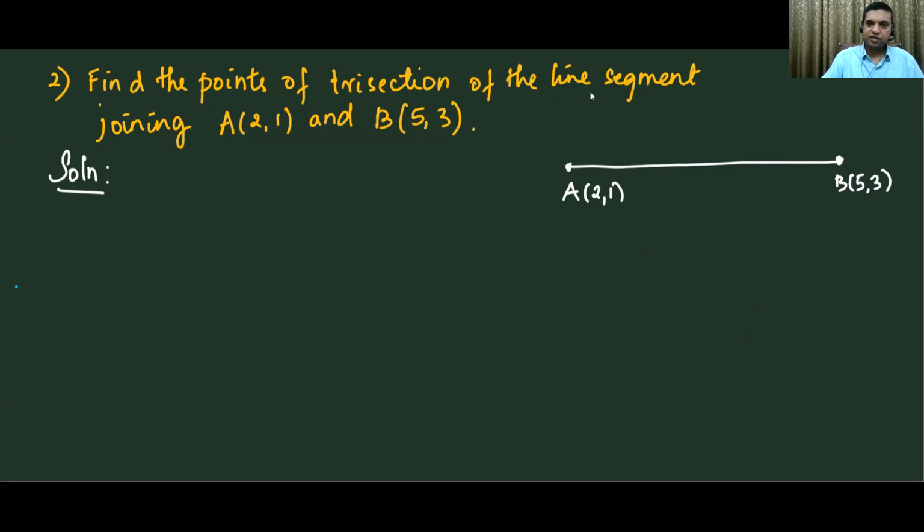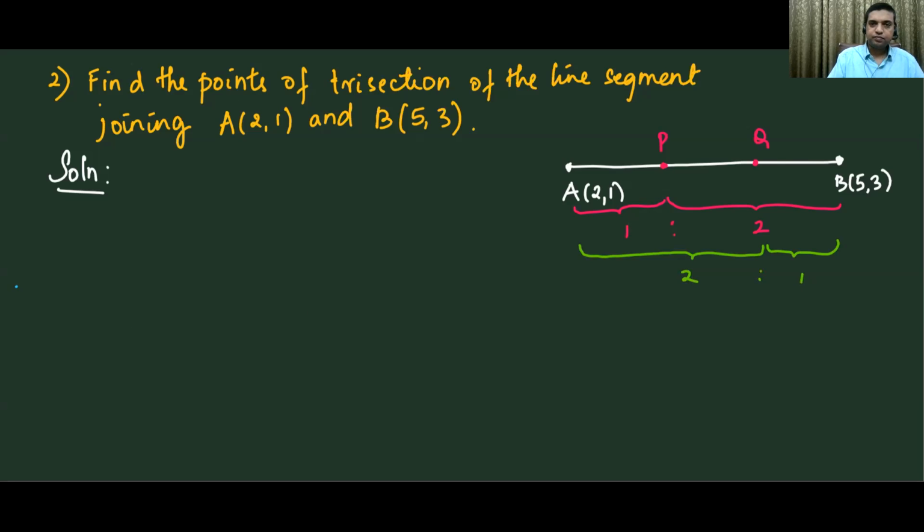See, there are 2 points of trisection. Let the points of trisection be P and Q. Now, AP:PB is 1:2 for the first point of trisection. The second point of trisection, Q, will have AQ:QB as 2:1.